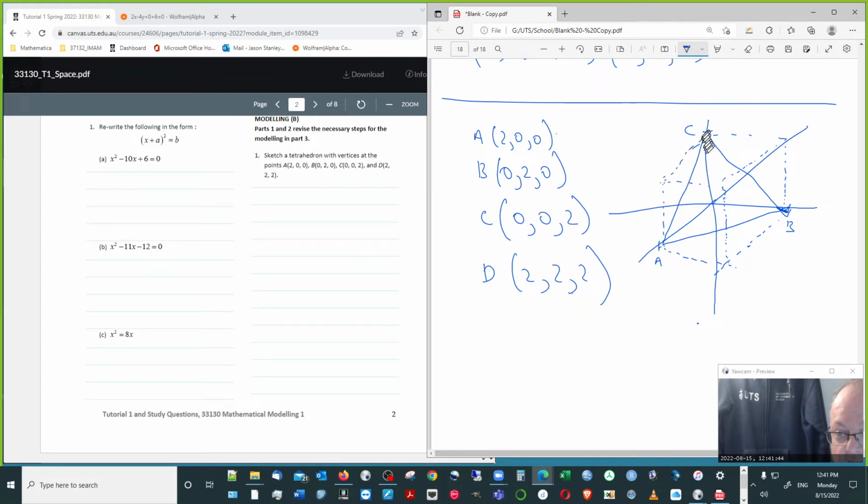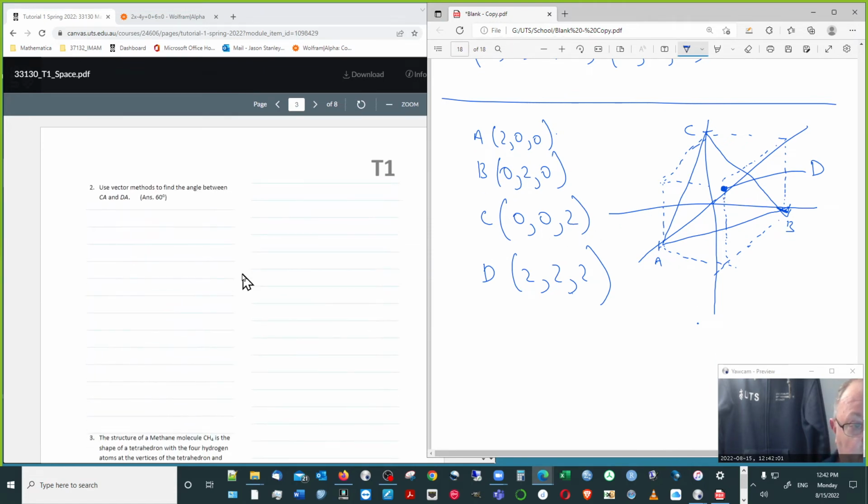Sounds like a little ant, doesn't it? So that's our point 2, 2, 2. Okay, so that should be it. Now 2, 2, 2 is not necessarily sitting on top of the tetrahedron, but it wants us to know what the angles are. Alright, so for C, for D, it's going to form like a pyramid, isn't it? It's going to be like a pyramid. I mean, that doesn't do it justice.